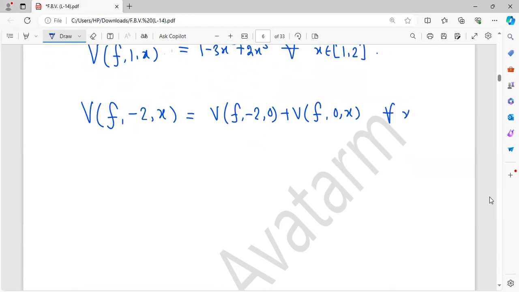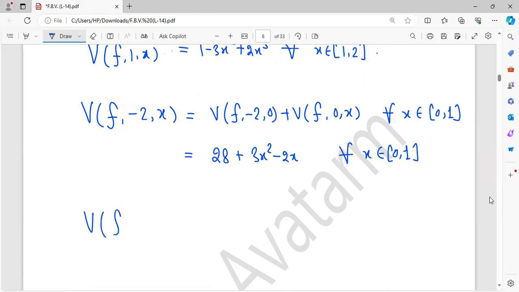It is 28 plus 3x square minus 2x cube for all x belongs to the closed interval 0 to 1. Okay. Now I need BF minus 2 to x.